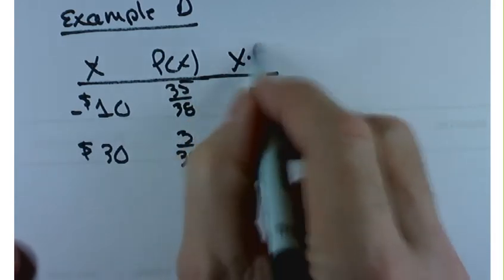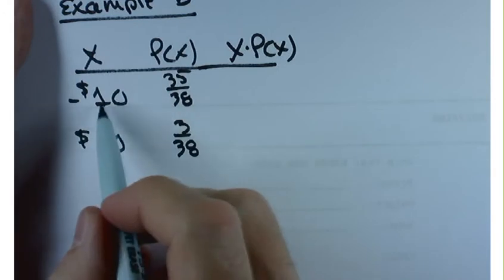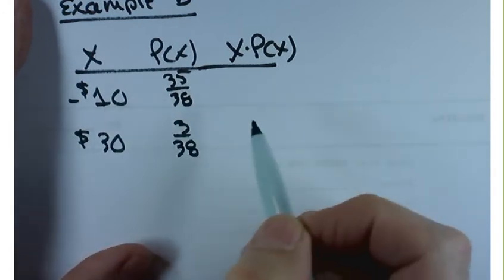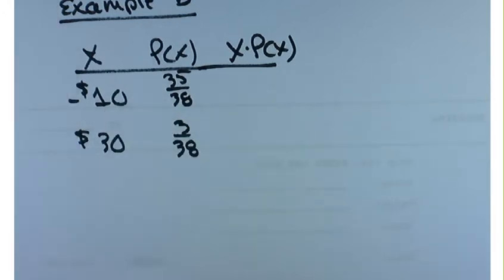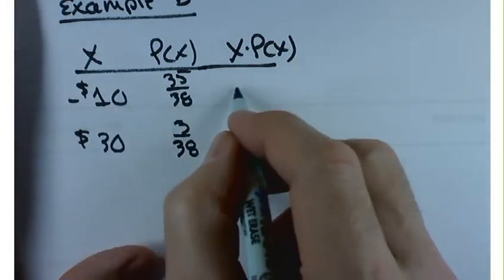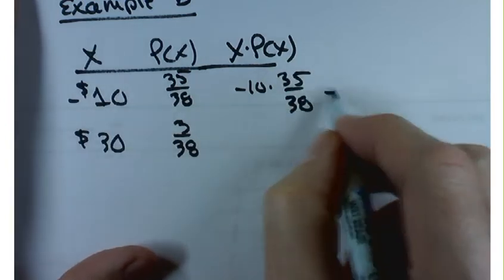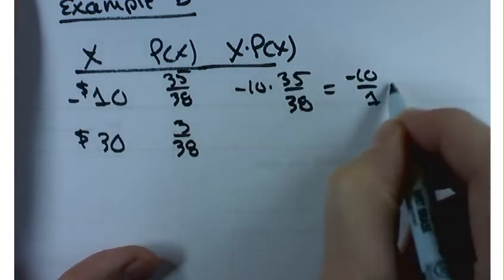Now, let's extend this table a little bit further. Remember, to calculate the mean you're going to calculate x times P of x. Now, if you wanted to do this on Google Sheets or on your calculator, that's fine. Doesn't matter. We're going to do this times this, this times this. And let's calculate the expected value here. So let's see. That'd be negative 10 times 35 over 38. Now you might want to write that as negative 10 over 1.